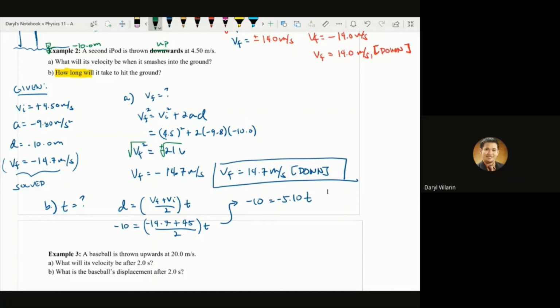Solving for time, I will divide both sides by negative 5.10. So that gives me 10 divided by 5.1. That should be around t equals 1.96 seconds.